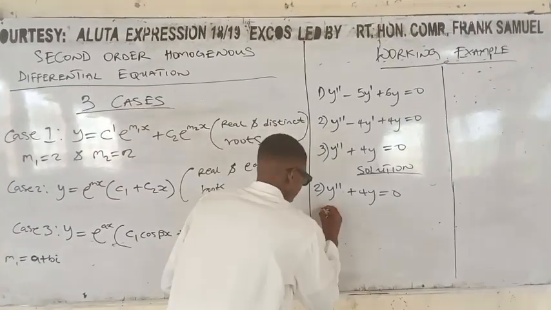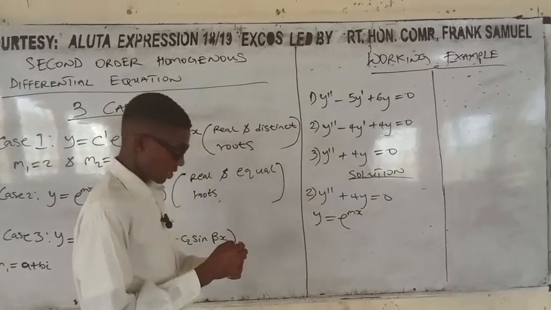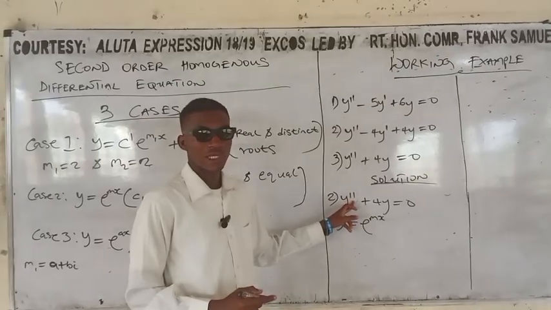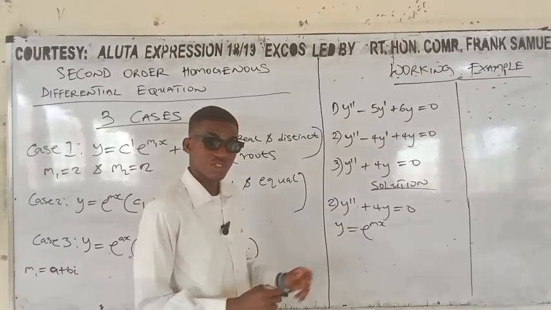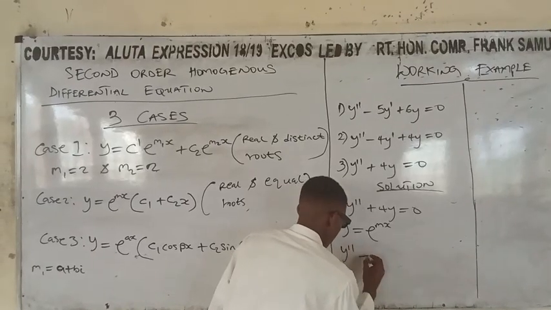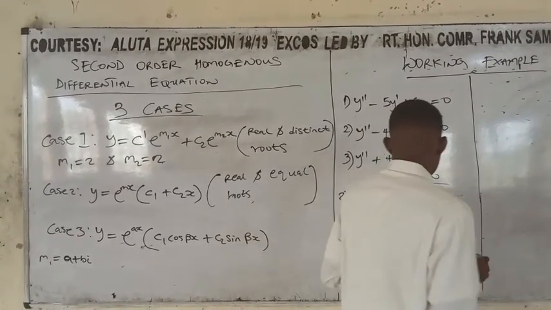The same steps. Let y equals to exponent mx, right? And now if you watch this question, we have just y prime prime, we don't have y prime, so we differentiate this 2 times from what we did earlier. If you remember, our y prime prime gives us m squared exponent mx, right?